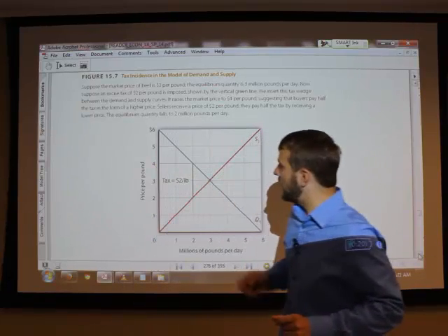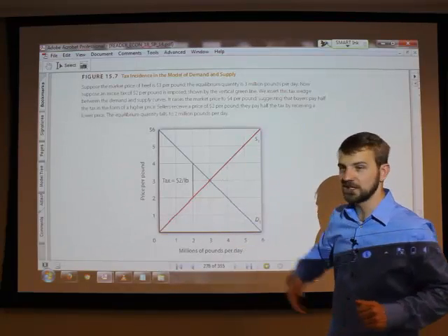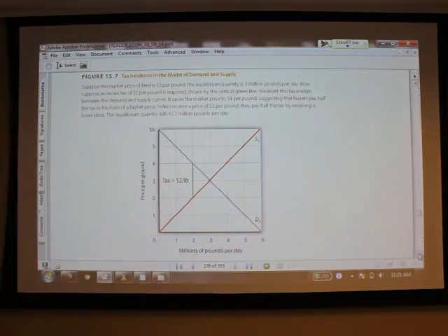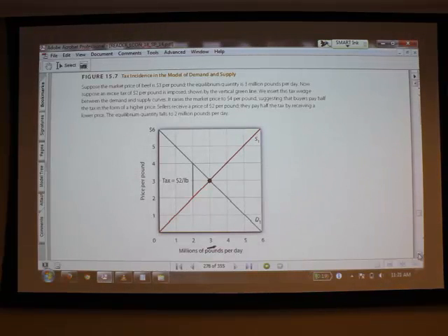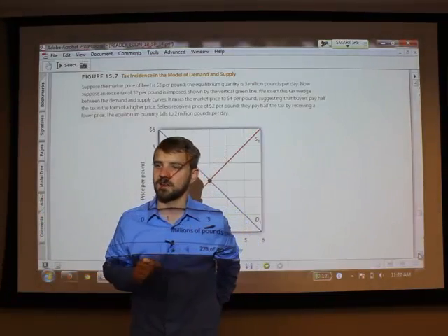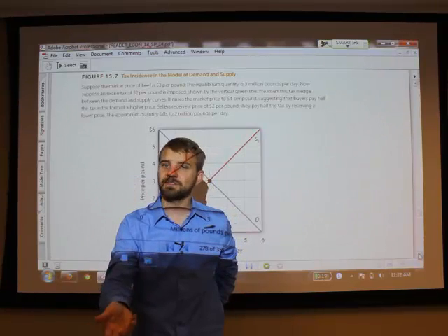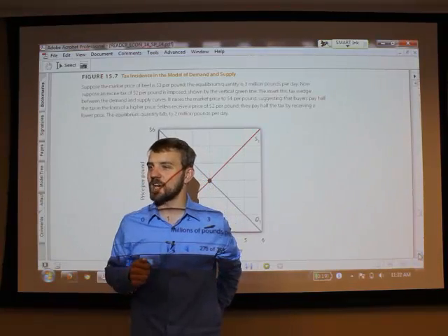So how is this going to affect the market? Imagine before the tax is imposed, we have supply and demand as shown here. At a price of $3, which was the equilibrium price, firms are willing to supply 3 million pounds per day. But now, the sellers are required to send $2 to the government for every pound they sell. So if I give the seller $3, they have to give $2 of that to the government now.